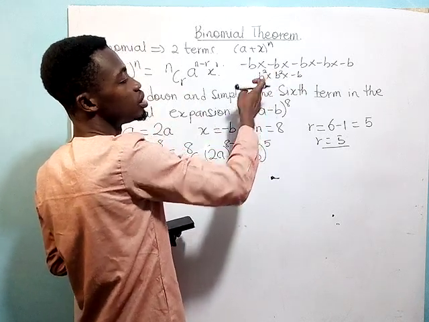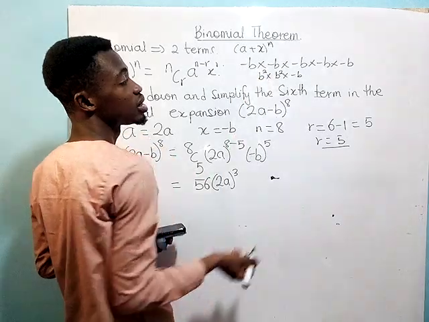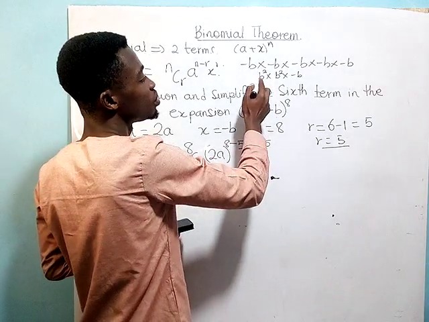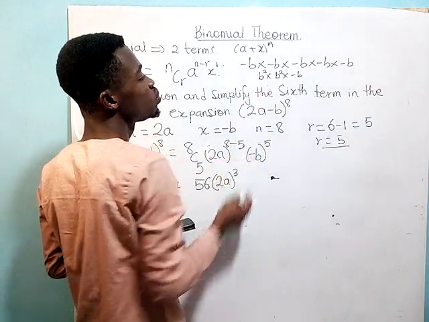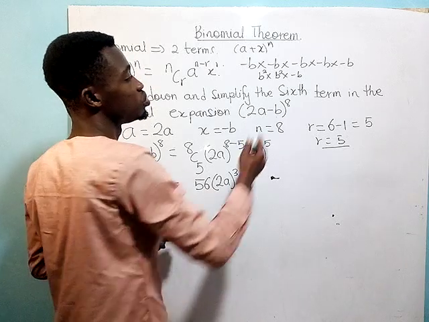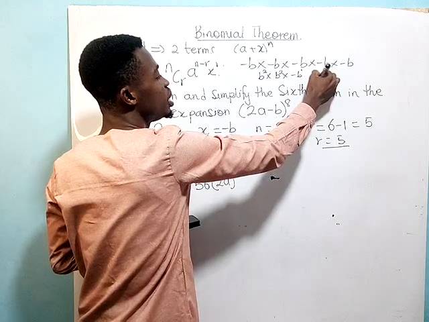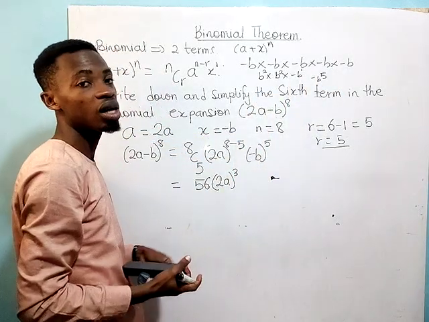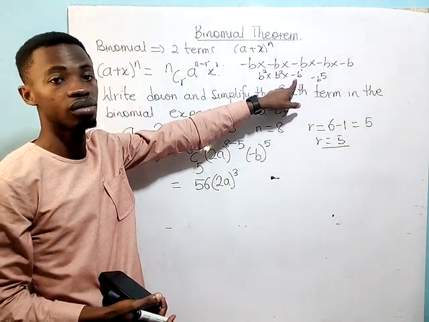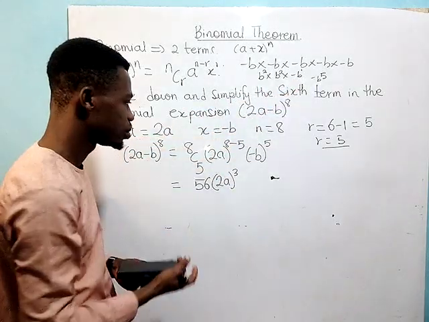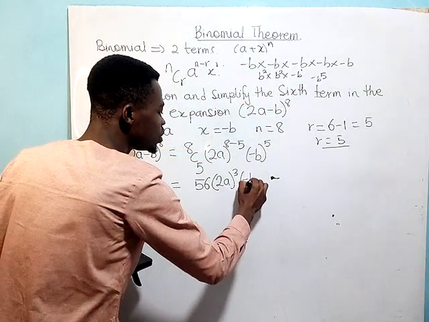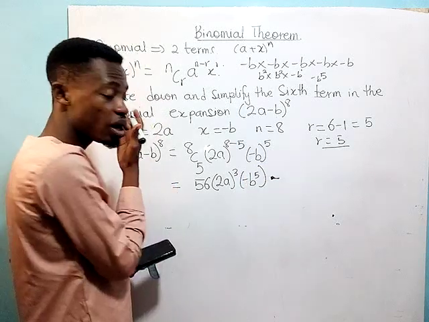In the indices, we add the exponents. 2 plus 2 is going to be 4, then here the exponent is 1, so 5. So we have negative b to the power 5. Hope we get it. So here we have minus b to the power 5.